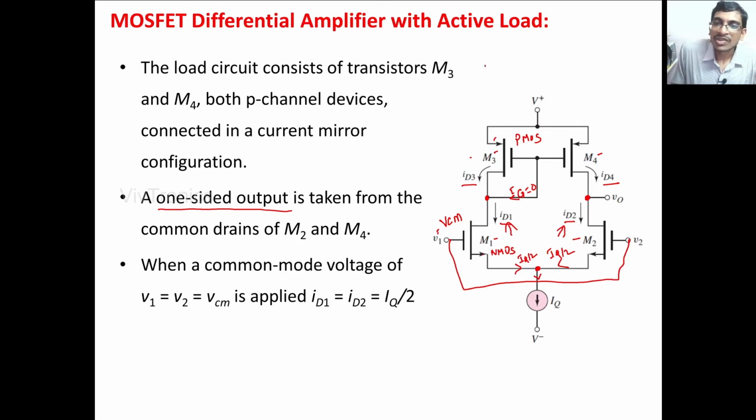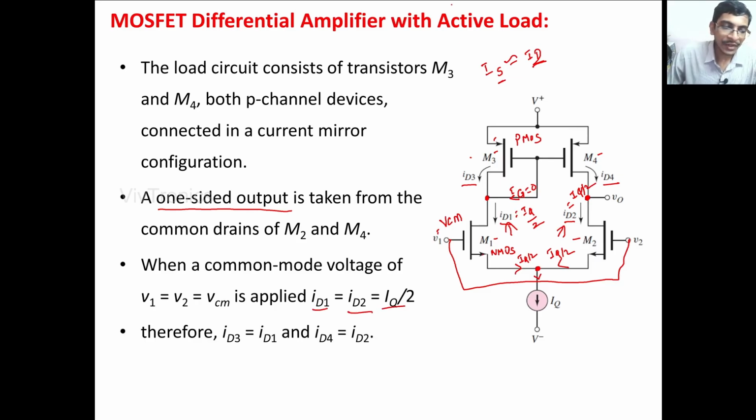In the MOSFET, we can approximate the source current as the drain current. IS is approximately equal to ID. Therefore, IS1 is equal to ID1, which is equal to IQ by 2. Similarly, IS2 is equal to ID2, which is equal to IQ by 2. Therefore, ID1 is equal to ID2 is equal to IQ by 2.